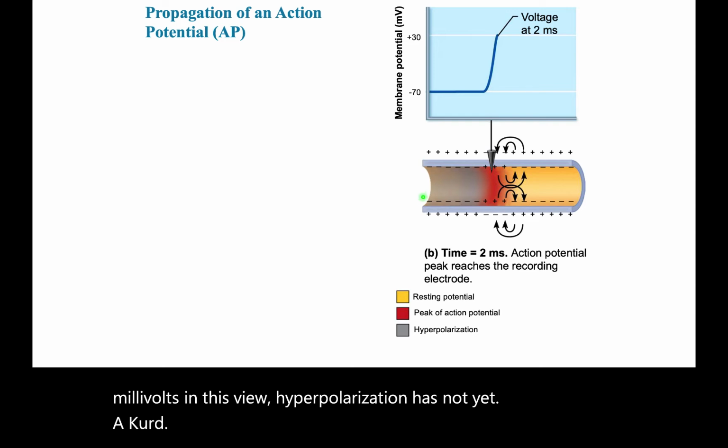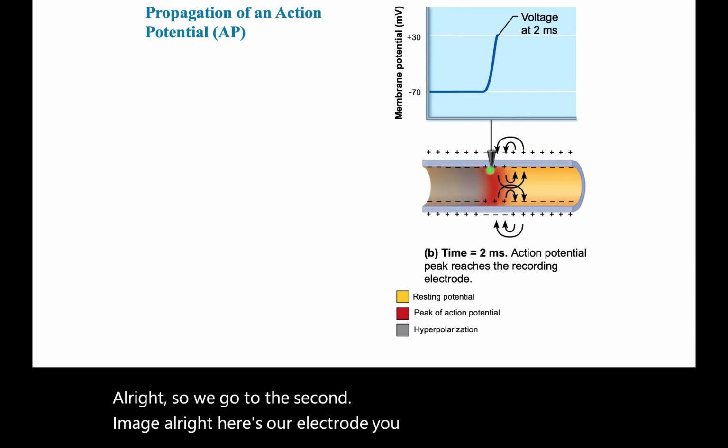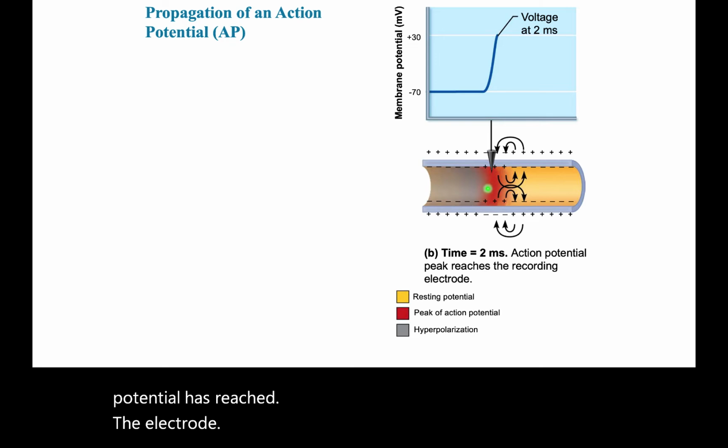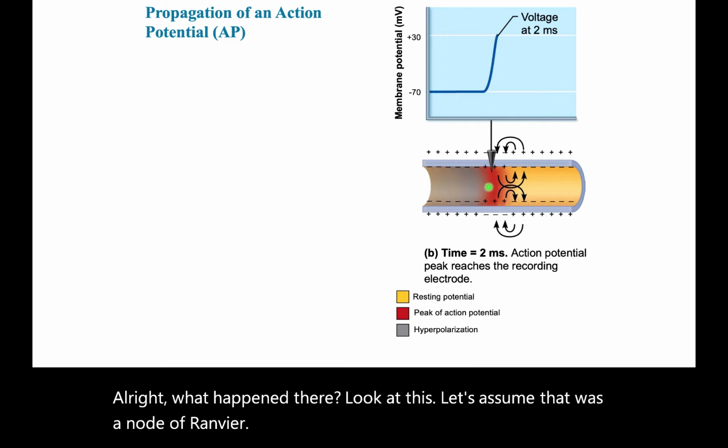So we go to the second image. Here's our electrode, and you can now see the action potential has reached the electrode. What happened there? Let's assume that was a node of Ranvier. What has happened here?